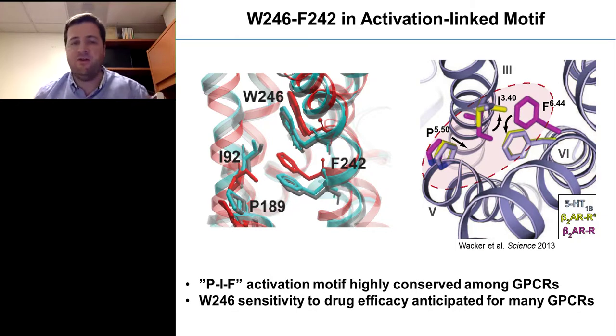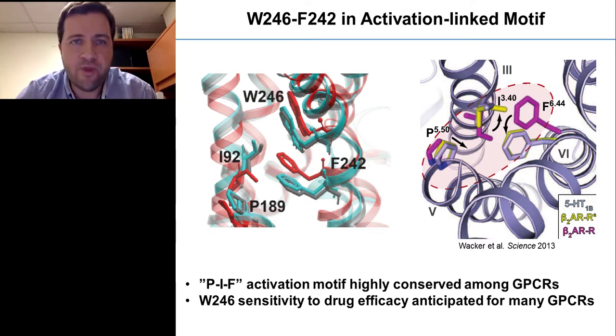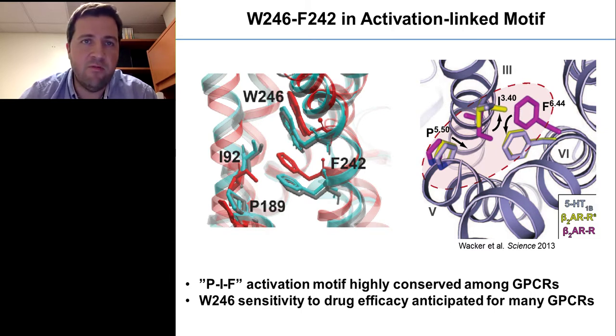Now, this PIF activation motif is highly conserved. On the right is a figure from a previous paper from the Stevens lab, first indicating the importance of this activation motif and showing how the local conformation of these residues changes between structures with ligands of different efficacies.